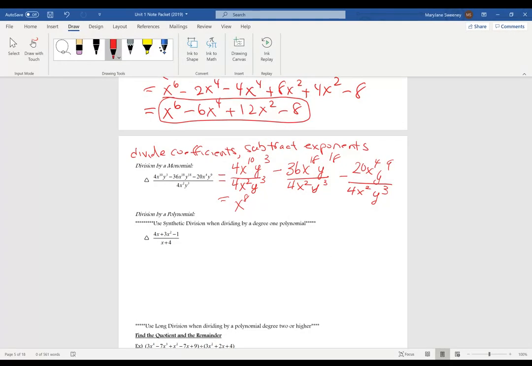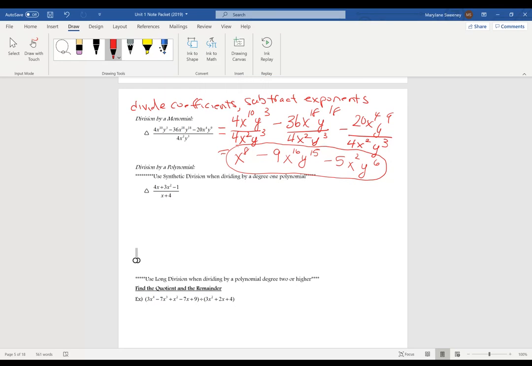Y to the 3rd divided by y to the 3rd is 1. I don't need to write times 1 here because times 1 is just that thing. So x to the 8th times 1 is just x to the 8th. 36 divided by 4 is 9. That'd be x to the 16th, y to the 15th. 20 divided by 4 is 5, x squared, y to the 6th. So that is the answer.